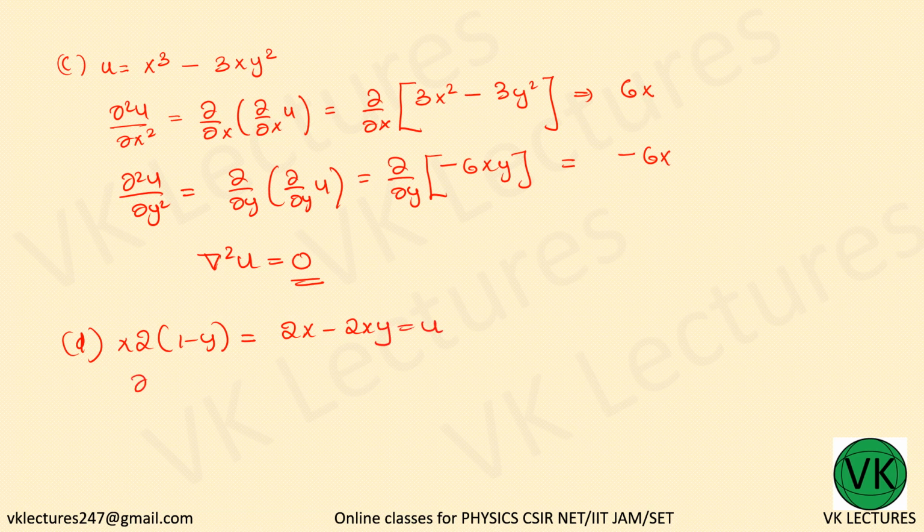So for dou square u by dou x square, the first derivative gives us 2 minus 2y, and the second derivative gives us 0. For dou square u by dou y square, the first derivative gives us minus 2x, and the second derivative gives us 0. So this is also del square u equal to 0. So C and D also can be the real part.